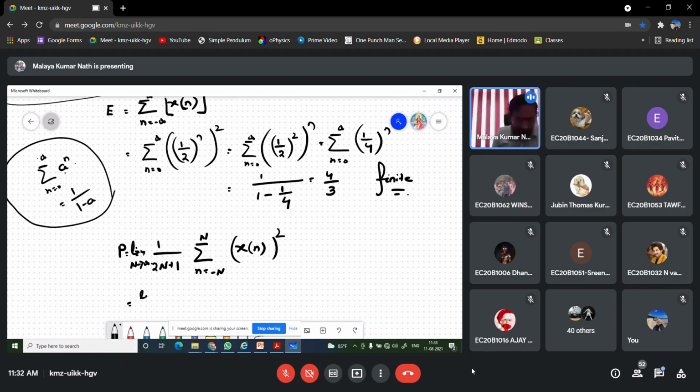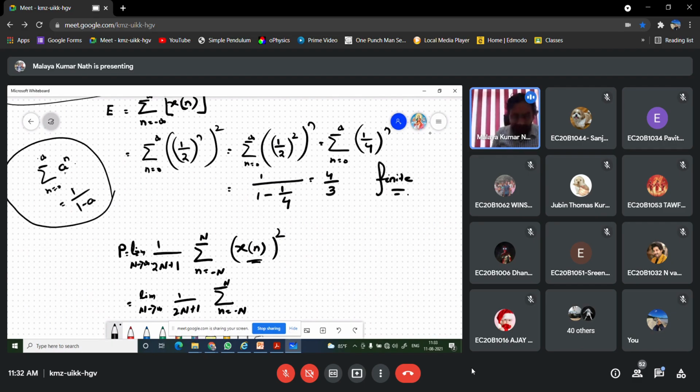So that will be equal to limit n tends to infinity of 1 upon 2N plus 1, summation n equal to minus N to N. What is x[n]? x[n] is nothing but (1/2) to the power n.